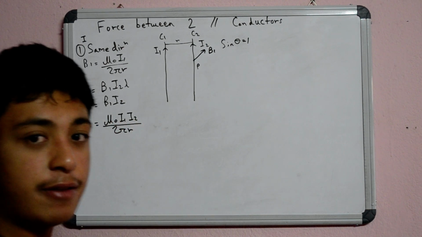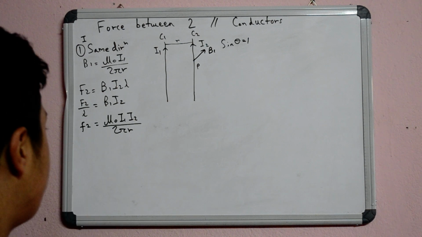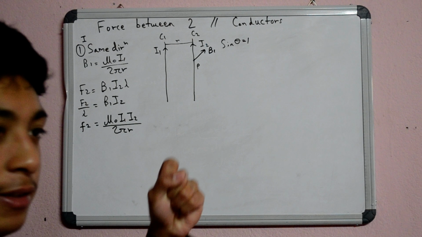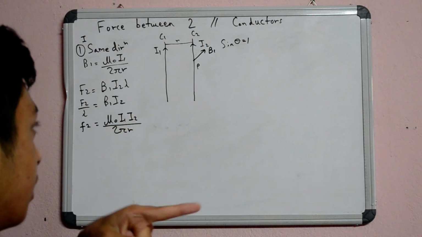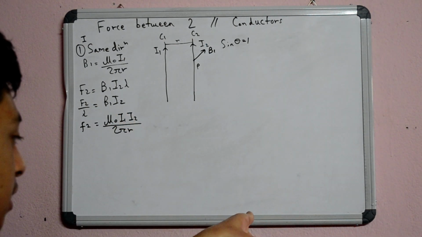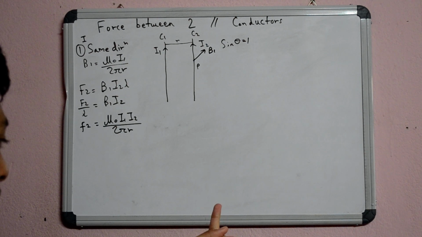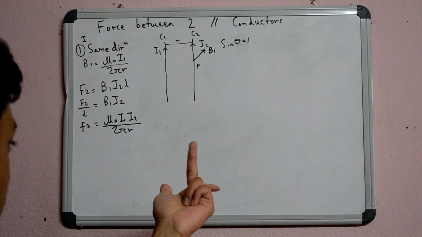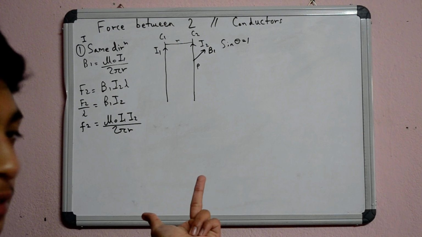Now we can find the direction of F2, which is given by Fleming's left hand rule. Let's first take the magnetic field, which is going inward, and the current is going upward. That means the Lorentz force goes like this, right?